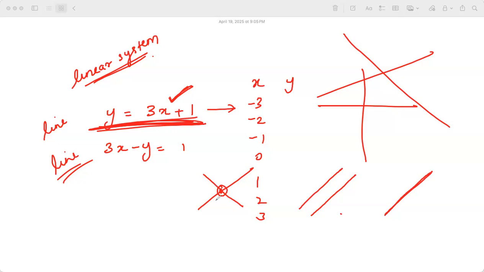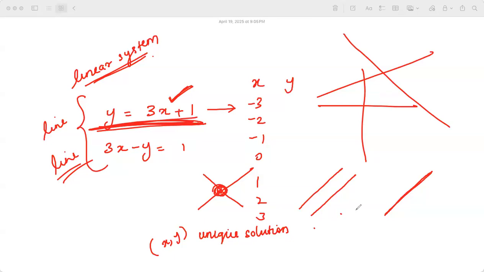Yes. Here, you're going to have a unique solution. What does a unique solution mean? You're given two line equations. A unique solution means you're going to have one xy value at which the two lines intersect. Make sense? Then, if they're parallel lines, is the linear system going to have a solution?